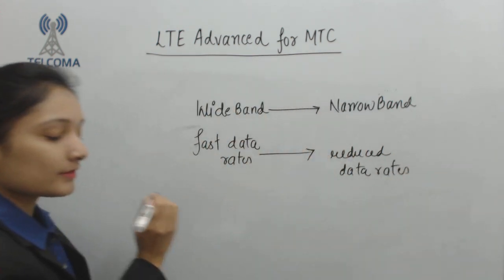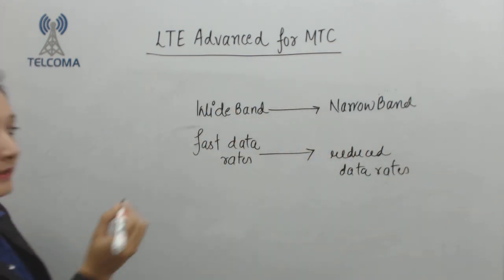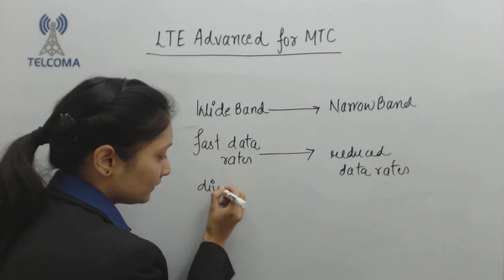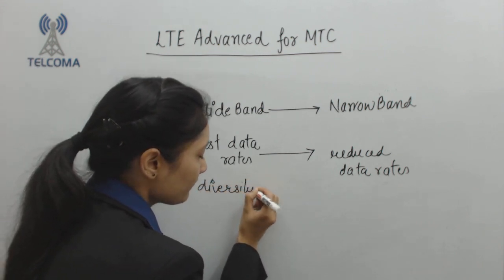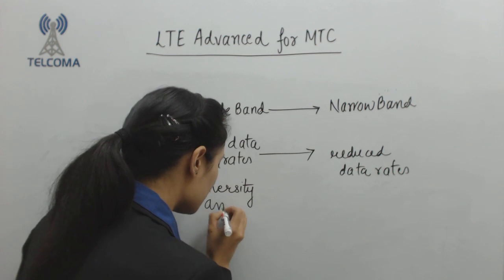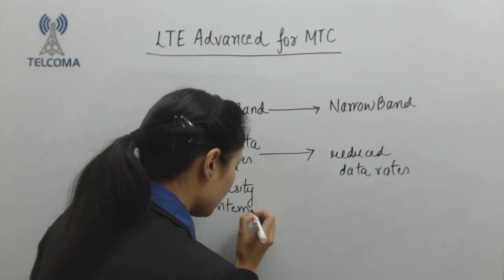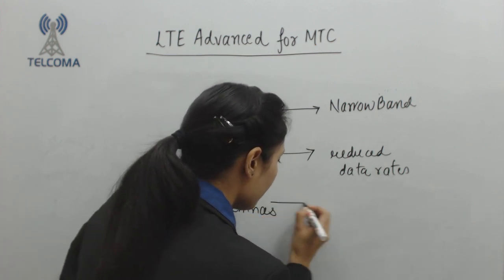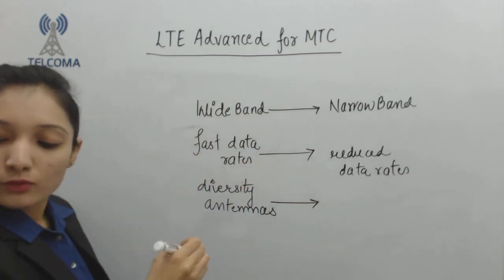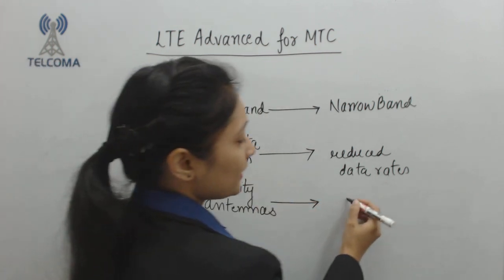Now, in the cellular systems, we have diversity antennas, and here we have only a single reception antenna.